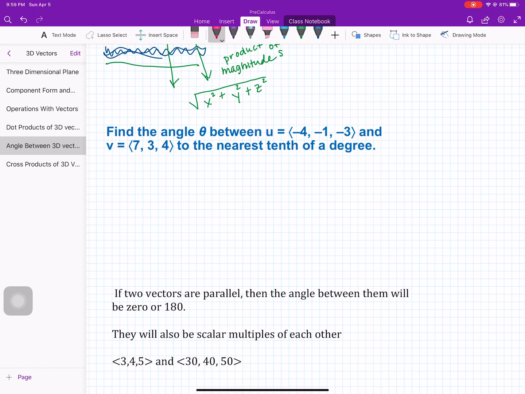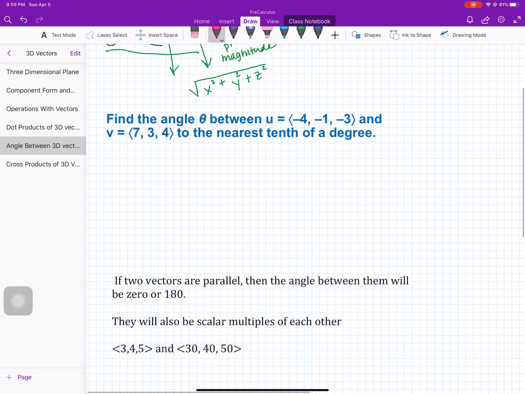So let's apply the formula. Find the angle between the two vectors. So first, calculate your dot product of u and v. U dot v. So the dot product of u and v, we have negative 7 times negative 4, which is positive 28, plus negative 1 times 3, which is negative 3, and then plus negative 3 times positive 4, which is negative 12.